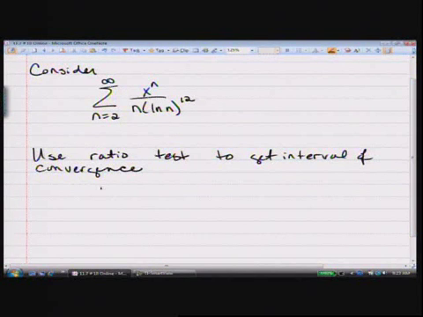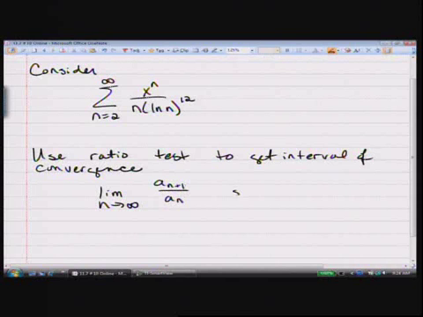And so we want to look at the limit as n goes to infinity of a sub n plus 1 over a sub n. And we want to see where this is less than 1.